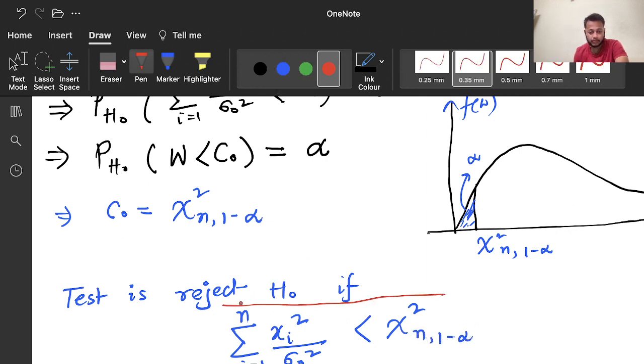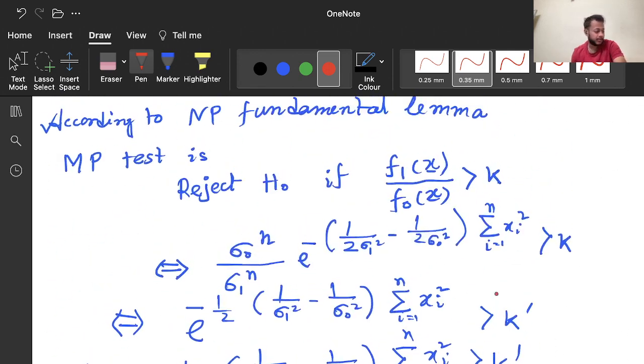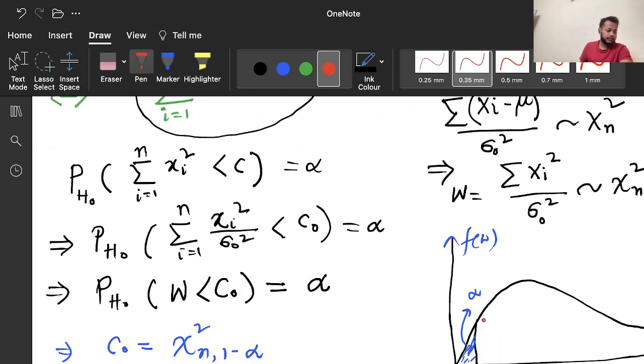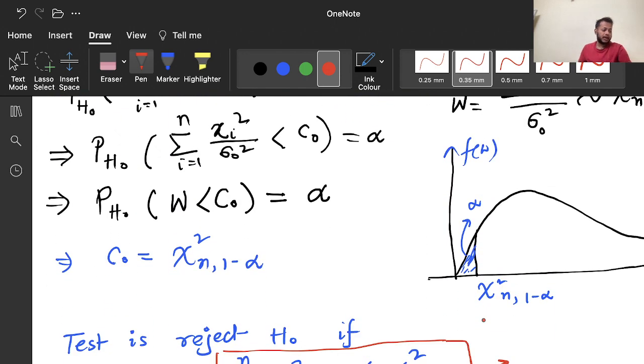That's our most powerful test for testing the hypothesis of sigma square. That's it. Now let's see another example where I will not use the Gaussian normal distribution.